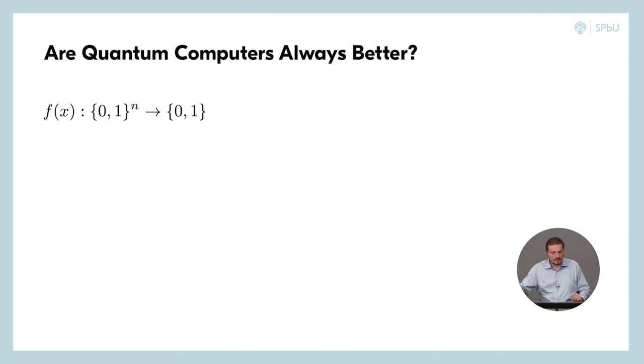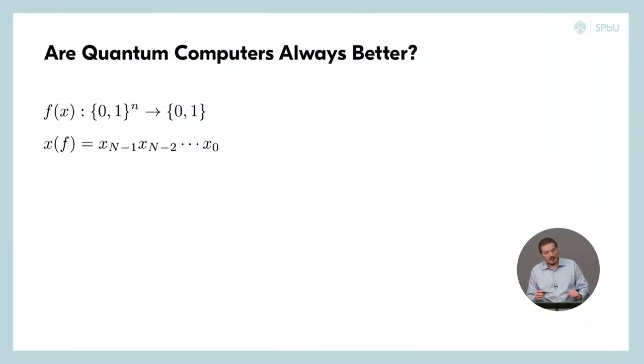Let's consider all the functions which map n-bit integers to 1 bit. Then, for any such function, we can introduce this value. It is actually a very long string of bits. It has 2 to the power n bits here.